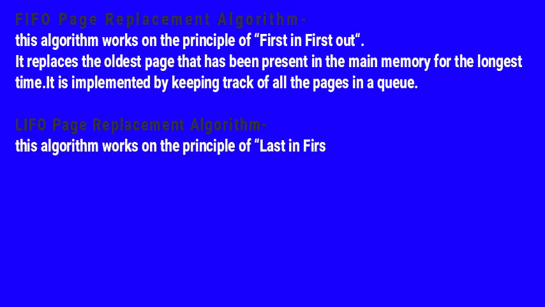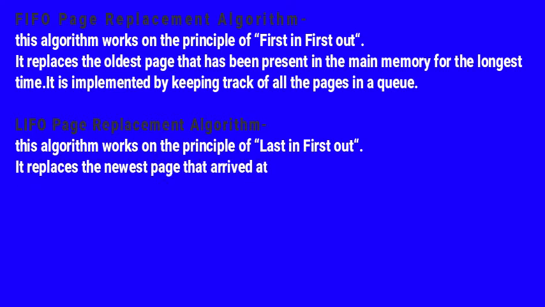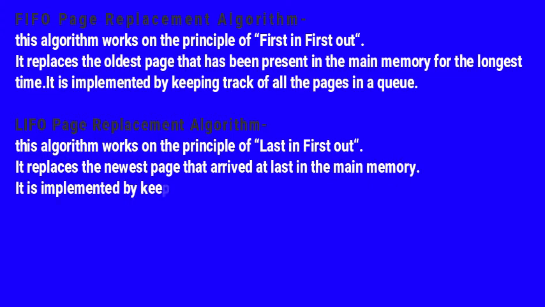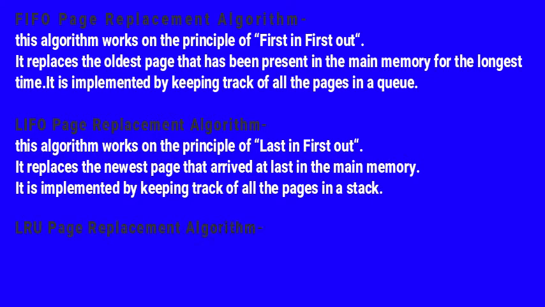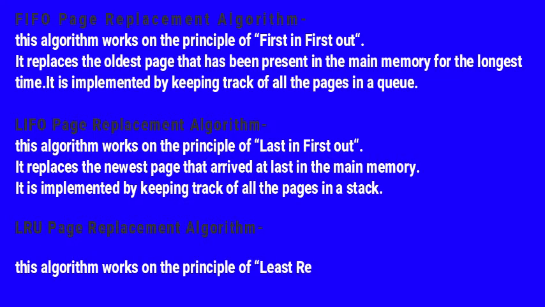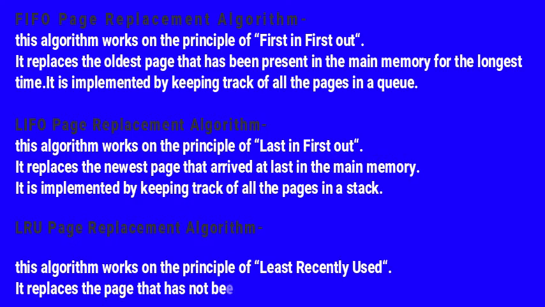Second, LIFO page replacement algorithm, last in first out. This algorithm works on the principle of last in first out. It replaces the newest page that arrived last in the main memory. It is implemented by keeping track of all the pages in a stack.